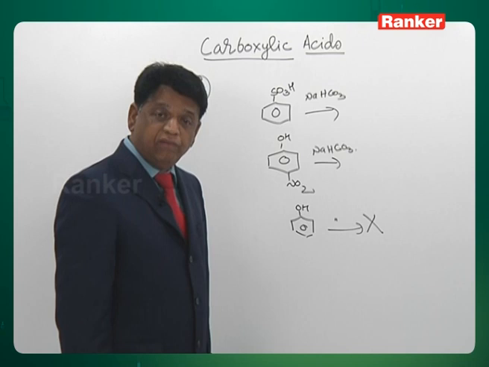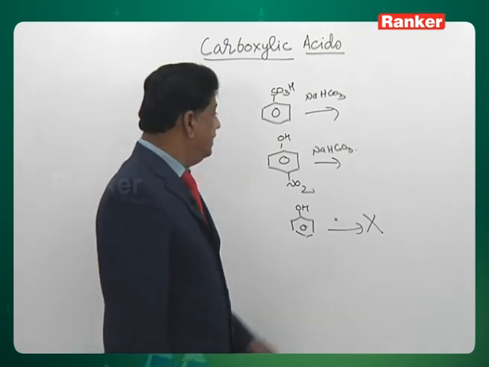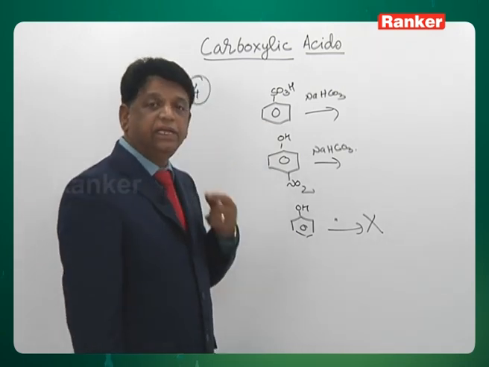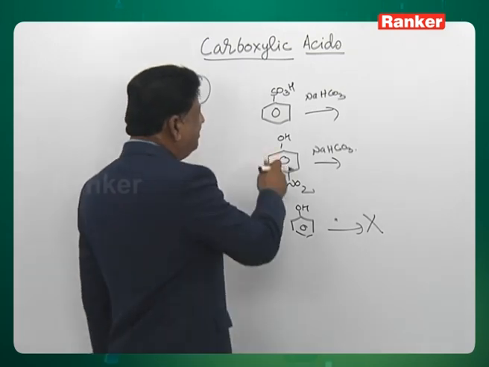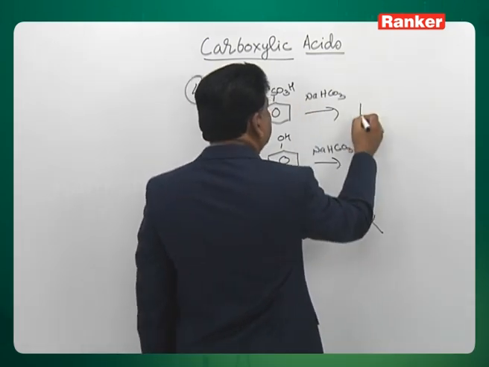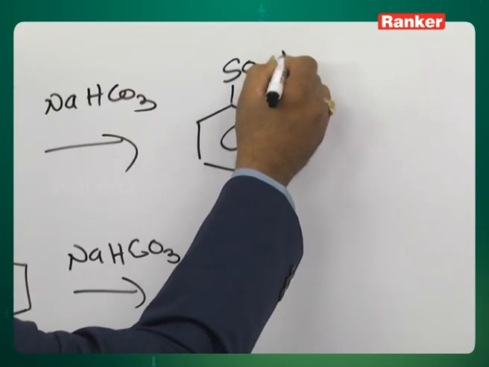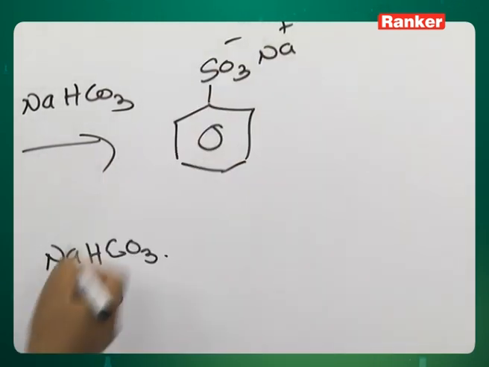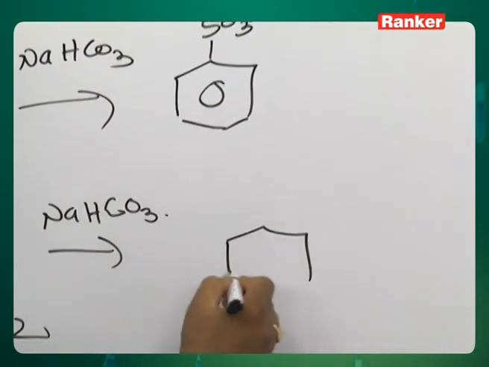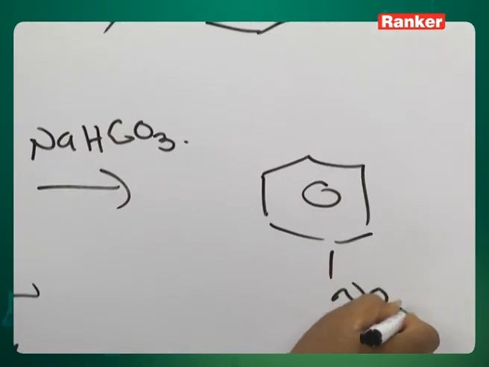Therefore, the nitrophenol will become a stronger acid, and the sulphonic acid is originally a strong acid. So, both these react and their corresponding salts are formed. The sodium salt of the sulphonic acid is formed, and the sodium salt of the nitrophenol is formed.